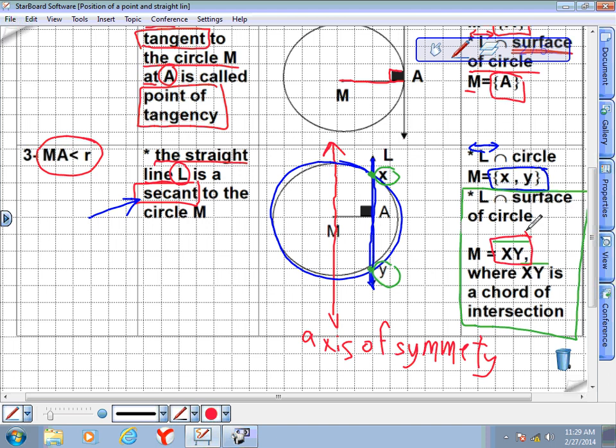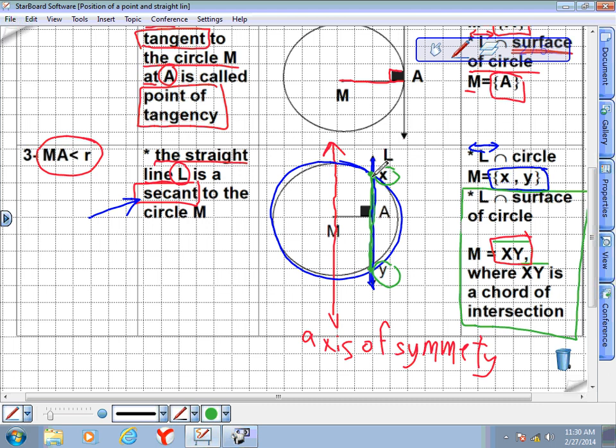We will find that we have a line segment here, XY. This line segment is passing inside the circle.